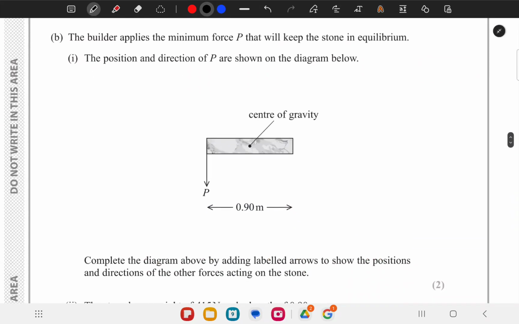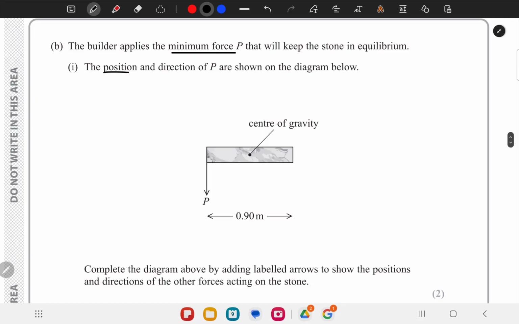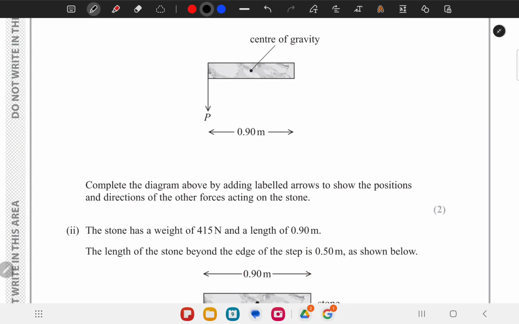Now moving on to part B, we are told the builder applies a minimum force P that will keep the stone in equilibrium. The position and direction of P is shown. Now we have to complete it with the other forces involved. So from here we'll have the weight of the step. So this is weight.